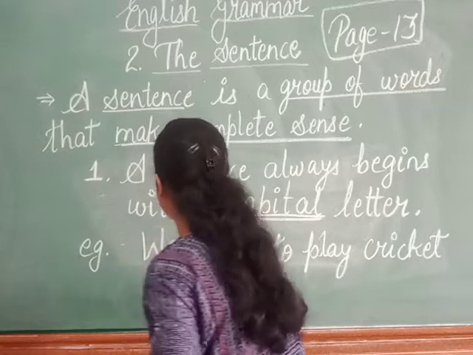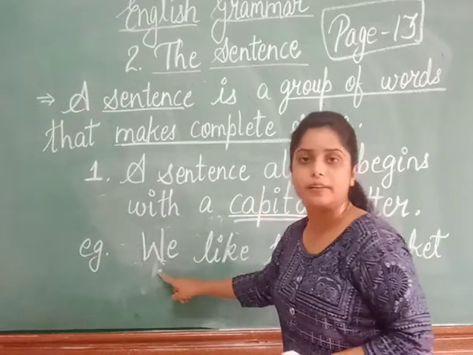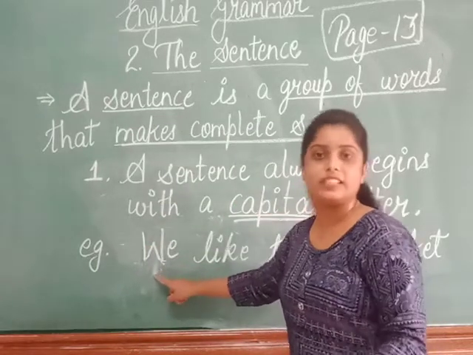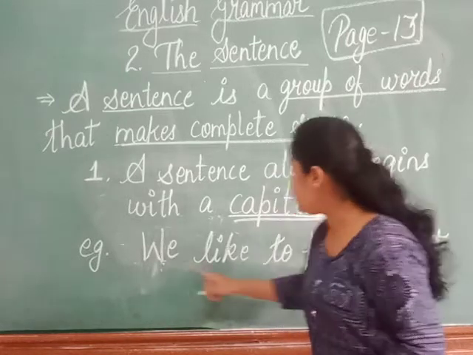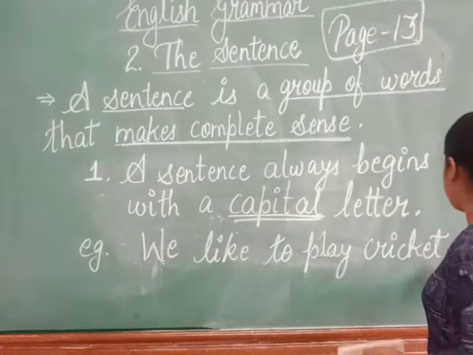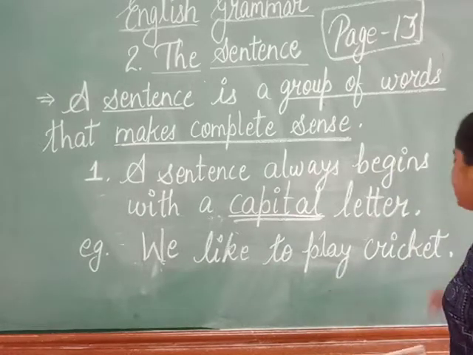So now this W is capital. So now the sentence is fine, grammatically fine and correct. So we like to play cricket. हमें क्रिकेट खेलना अच्छा लगता है.